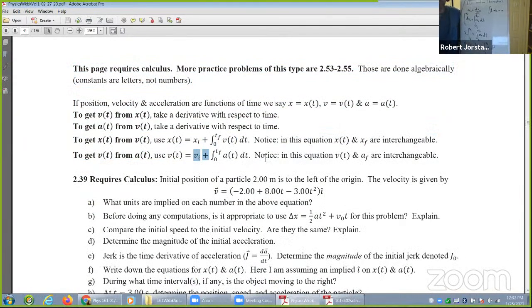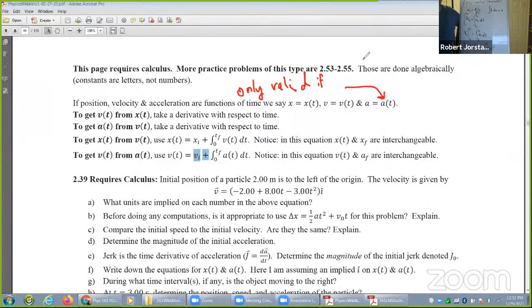Now remember, if we are going to do this procedure, this is only valid. Could you please write down in your workbook, only valid if the acceleration is a function of time.